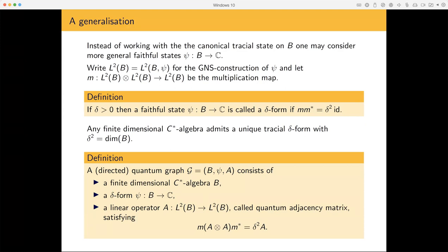But for the rest of the talk, we won't need any of that. We will mainly be looking at B being a full matrix algebra and psi being the canonical trace on that algebra, and that already turns out to be quite interesting.